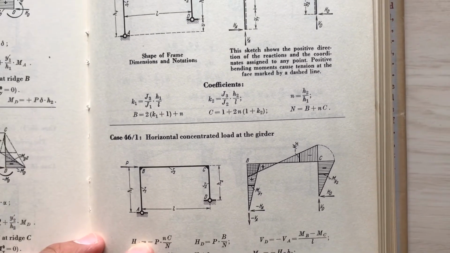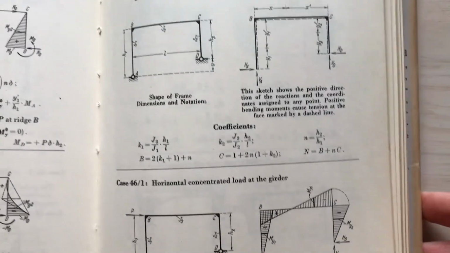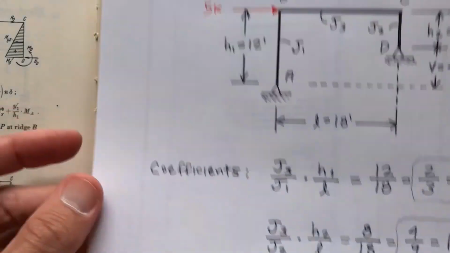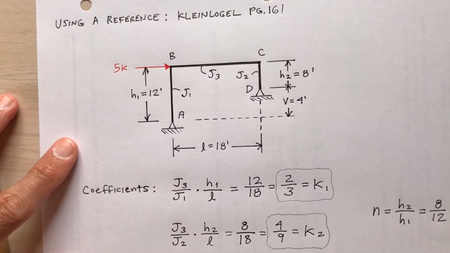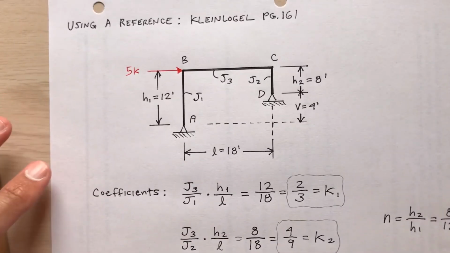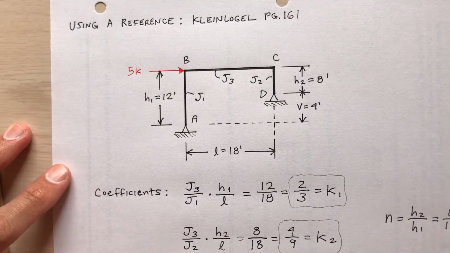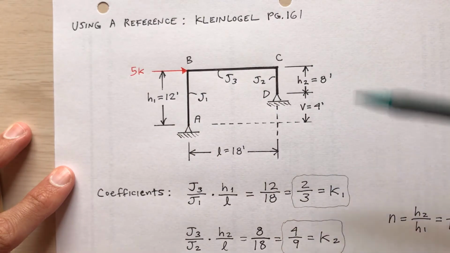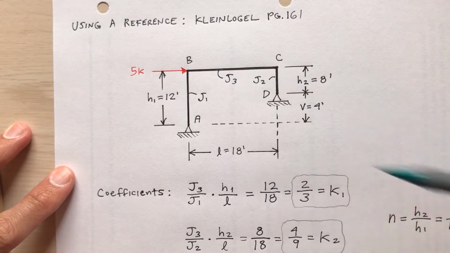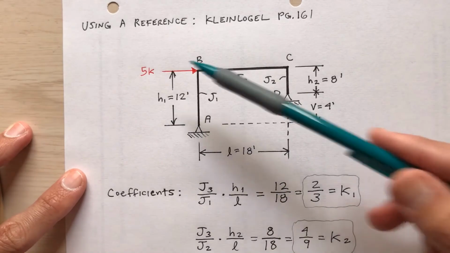Let me show you what this has to do with the example that I just did. So in Kleinlogel, page 161, here it is. Those coefficients I just showed you, here's the frame I was working with. h sub 1 is 12, h sub 2 is 8, moments of inertia J, L is 18, 5 kip load.